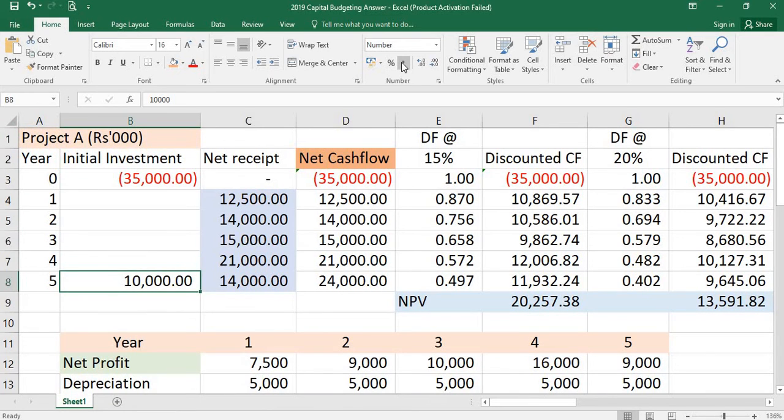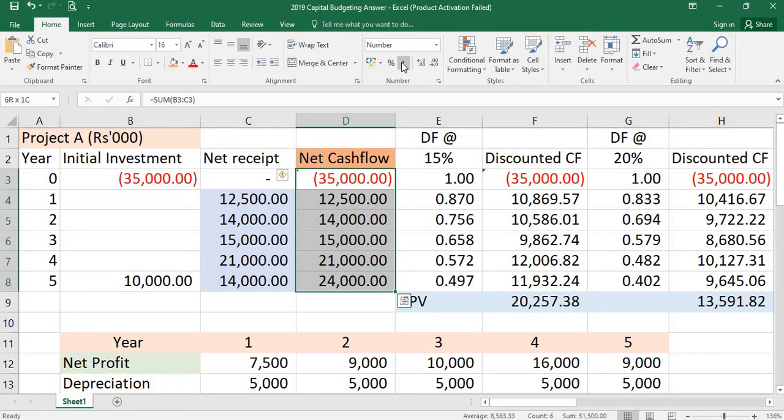So we have to add these 10,000 with the net receipt of 14,000. Then it will be 24,000. There is no tax adjustment. Now we have found the net cash flow.